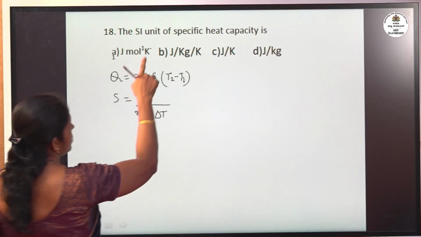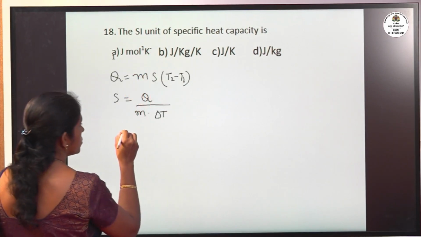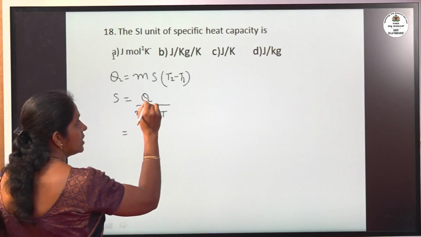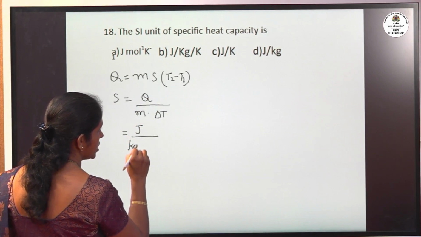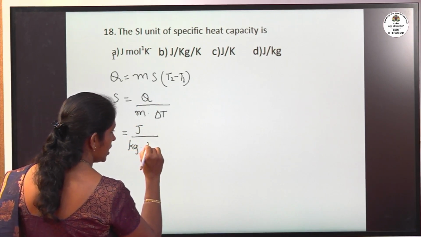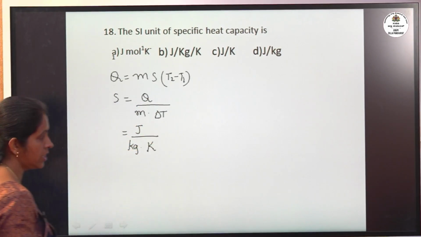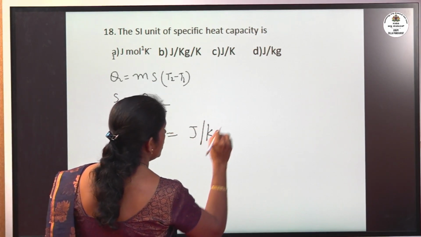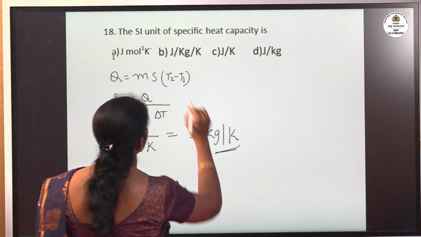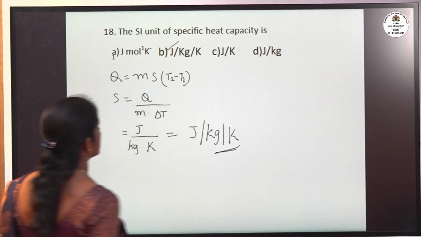Now, to find the SI unit, Q is measured in joule, m is measured in kg, delta T is the change in temperature, and temperature is measured in Kelvin. Therefore, the answer is joule per kg per Kelvin. Joule per kg per Kelvin is the correct answer.